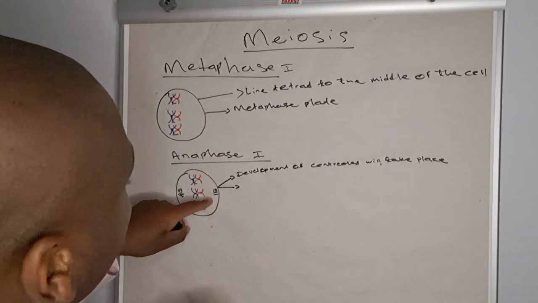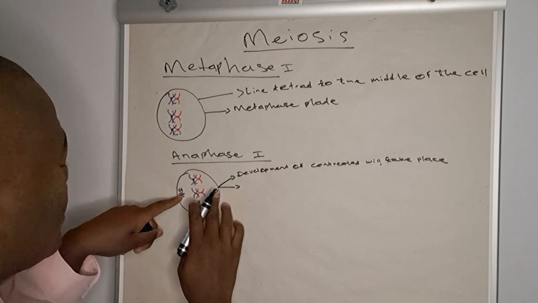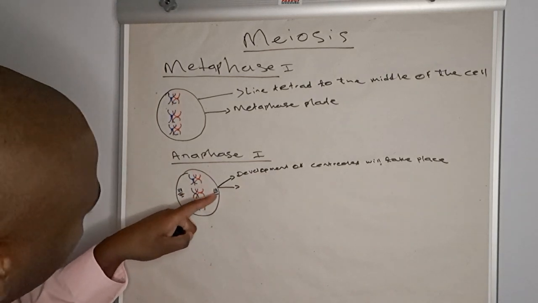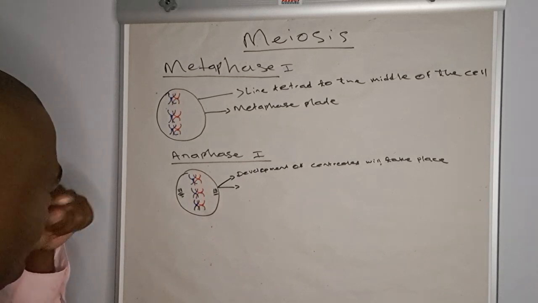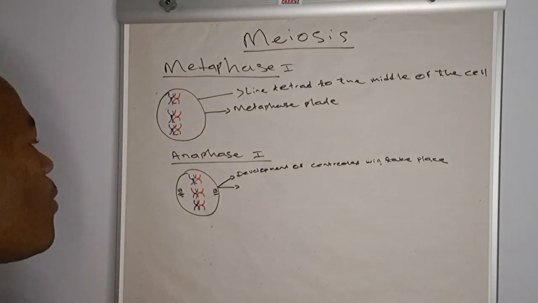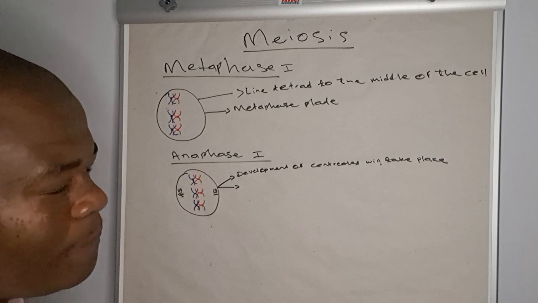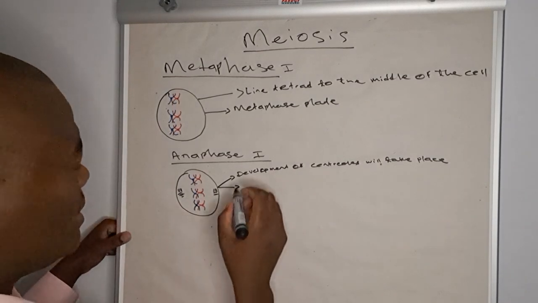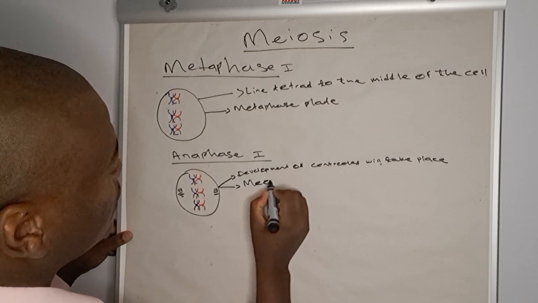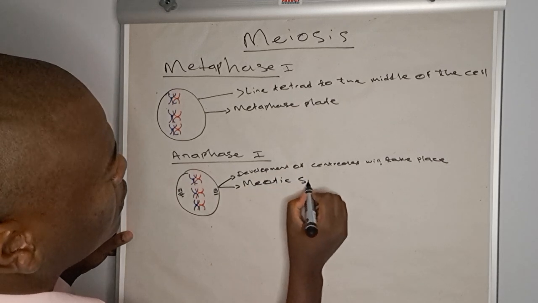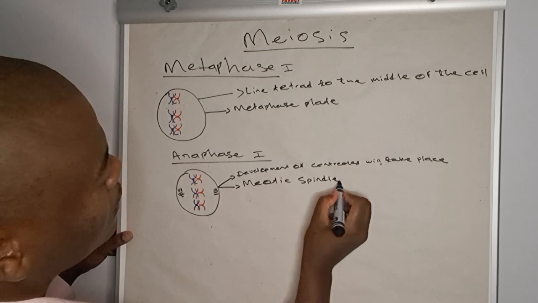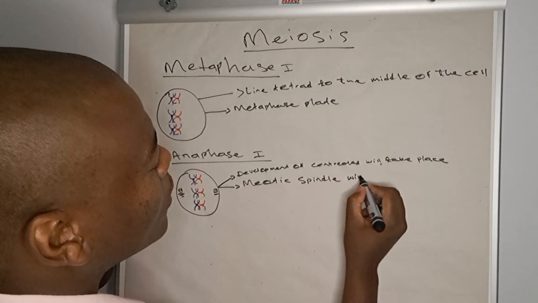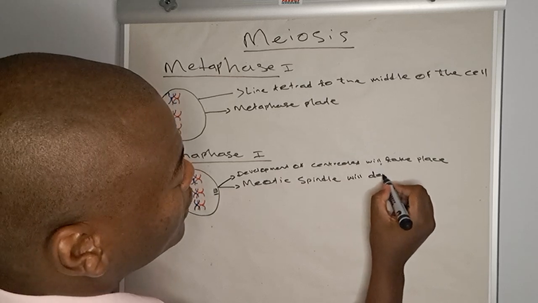If we have centrioles, we understand that there must be some sort of attachment to these centrioles. And then there must be a name for that also. We call it microtubule protein, but in simplified term, we're going to call it meiotic spindles. Meiotic spindle will also develop.